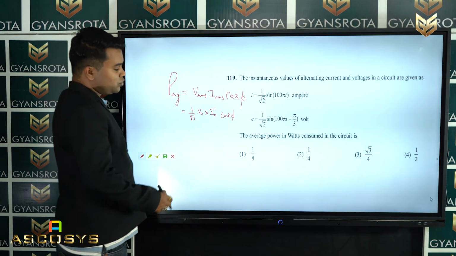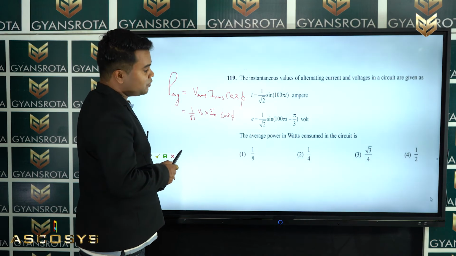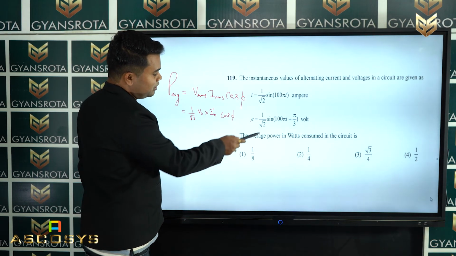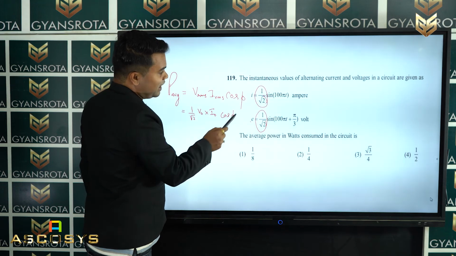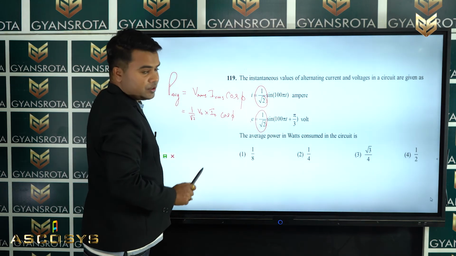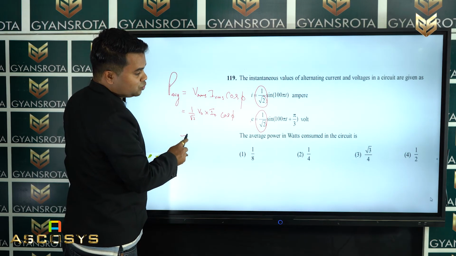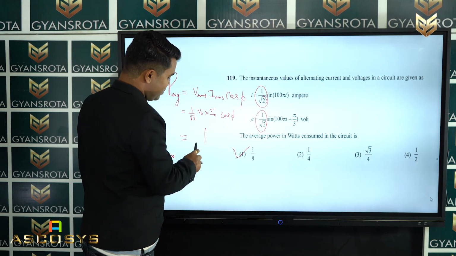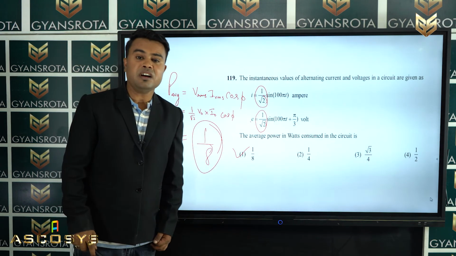So everything is known to you now. V naught is given in the question, that is the maximum value of the voltage EMF, that is this one, 1 by root 2. For I naught it will be this one, and phi is given, that is pi by 3. Once you put this in, your final answer is going to come out to be 1 by 8. So 1 by 8 is the correct answer. Use this concept, my dear, and you will be able to solve it.